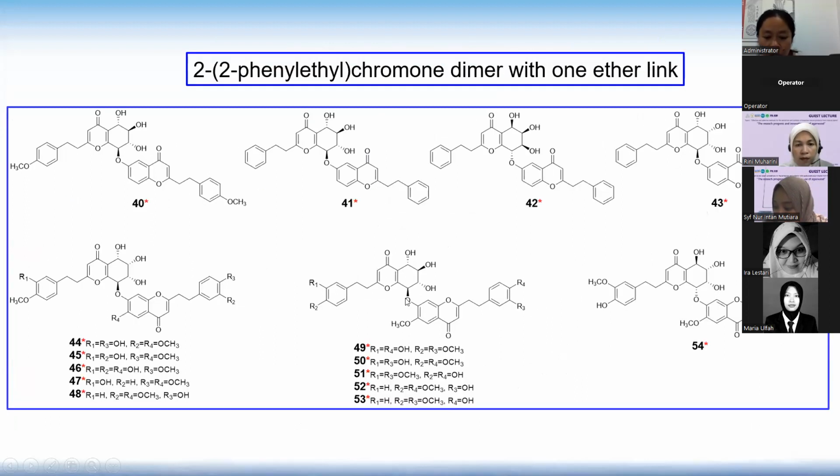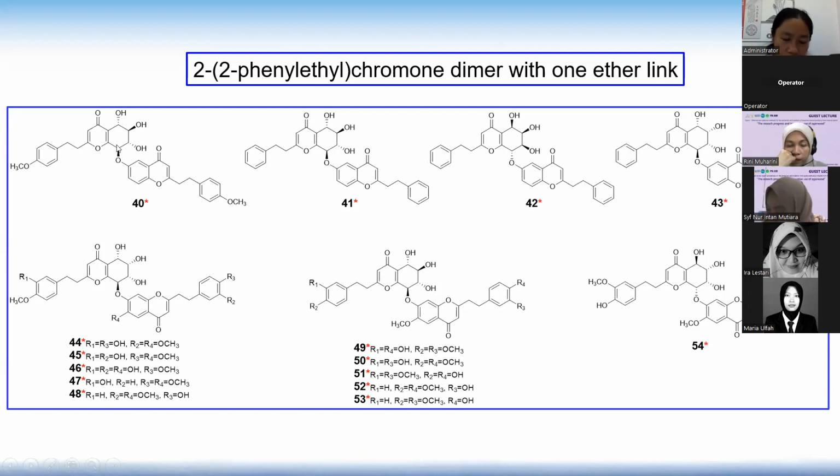And from this sample, we also find the 2-(2-phenylethyl)chromone dimers. This compound usually consists of one 2-(2-phenylethyl)chromone and one 5,6,7,8-tetrahydro-2-(2-phenylethyl)chromone.